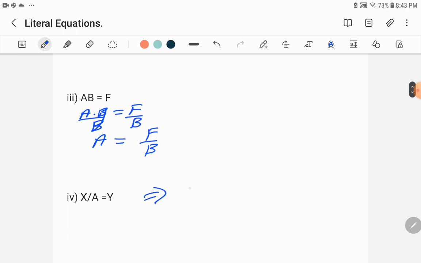Okay, this last example really reads x over a is equal to y. And we want to solve for a. So there are two ways of doing this. We could put y over 1, and we could do cross multiplication this way. So that gives us x times 1, the numerator from the first fraction, times the denominator of the second fraction.